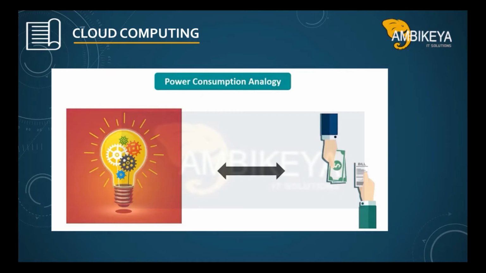The setup is on the government or private provider's side, you get electricity from there, and you pay for what you consume. So our work is very easy in that case.